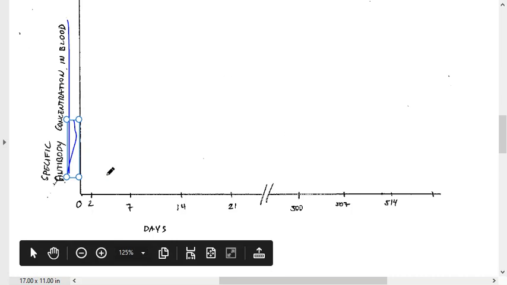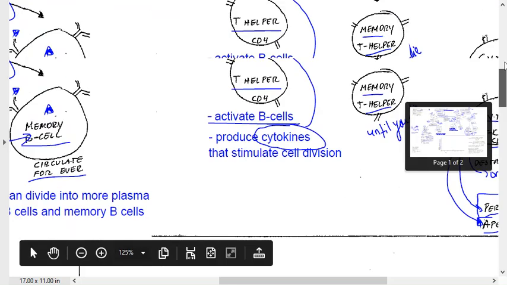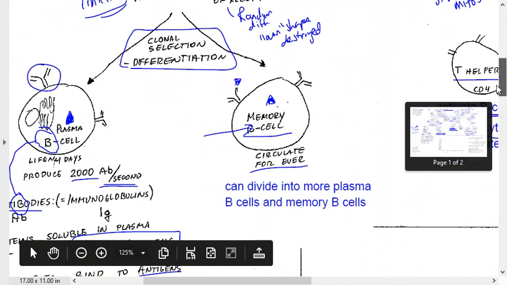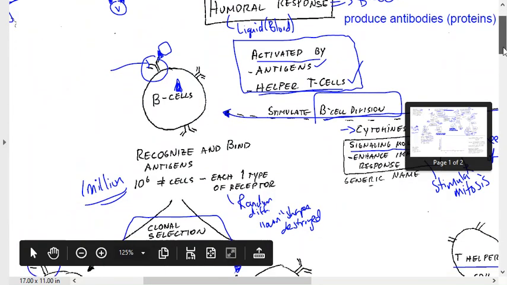But when you initially get an infection like chickenpox, remember that your primary immune system, that's not the primary immune system. This is the primary immune system.